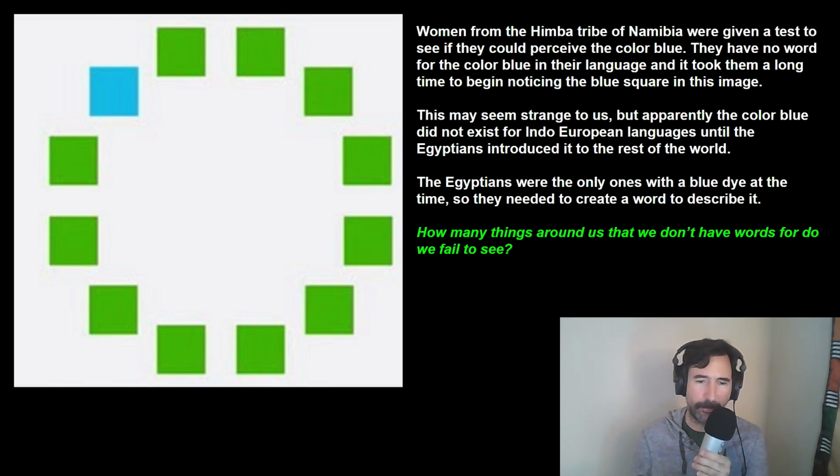There might be a word for something that you notice in another culture, probably an older culture that had more time to think about these things, right? But even in those older cultures, there's probably a lot of things that they don't have words for.